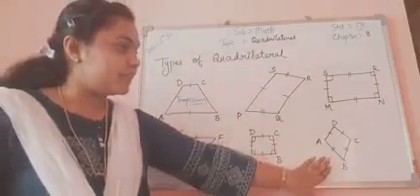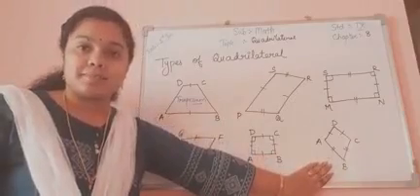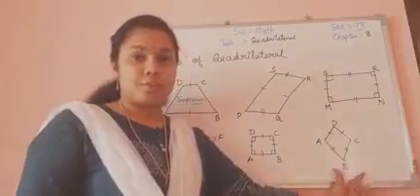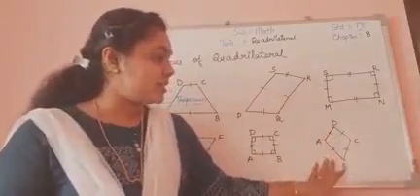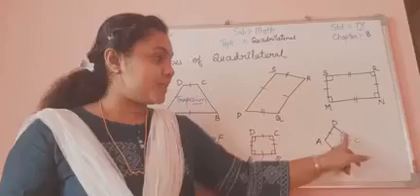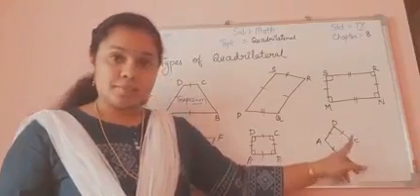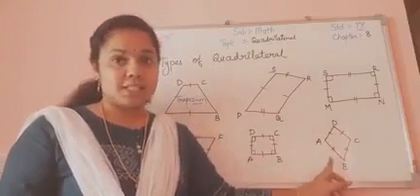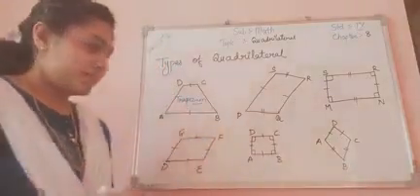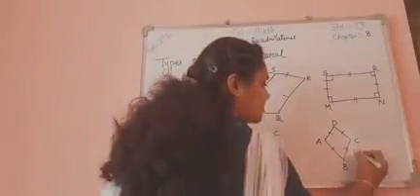Here, this is an example of a kite. In Uttarayan, you would all be flying kites. Here the two pairs of adjacent sides would be equal. So this is a kite.